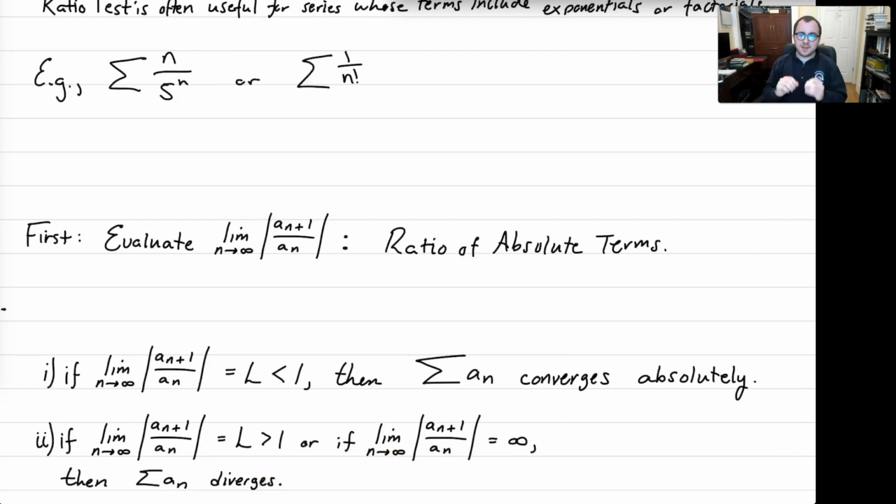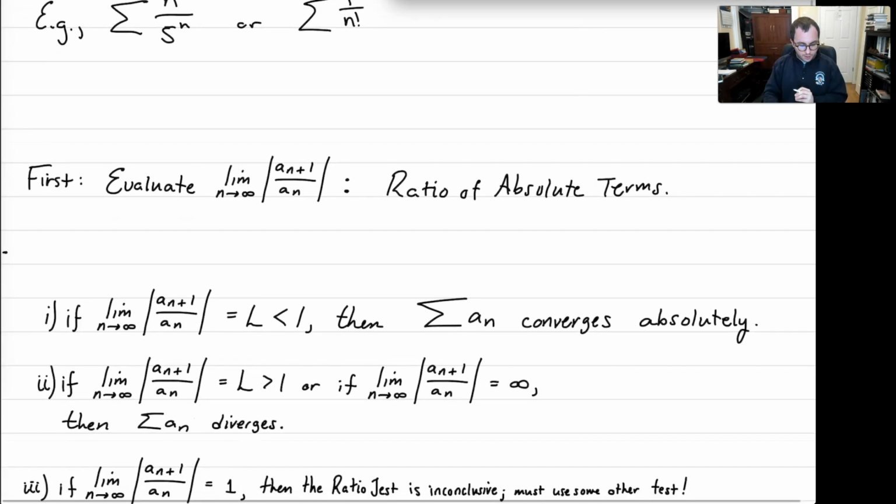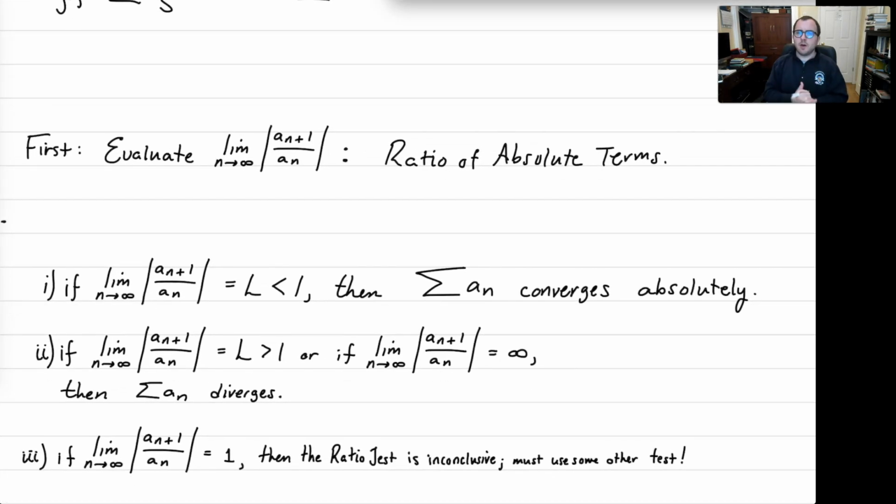There is one number missing from these two scenarios, so there is a third case. What if the limit is exactly 1? What if the series that you're evaluating, the terms, as n goes on, get closer and closer to each other, so they basically become the same? The fraction is 1.